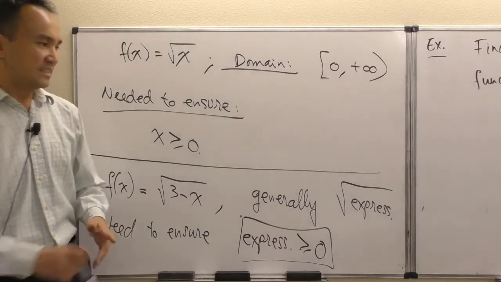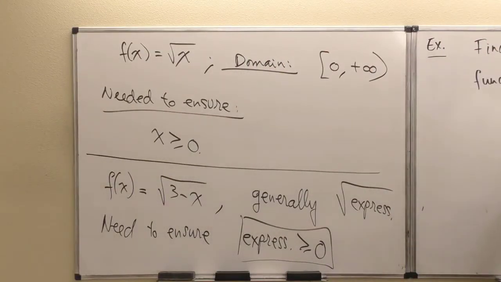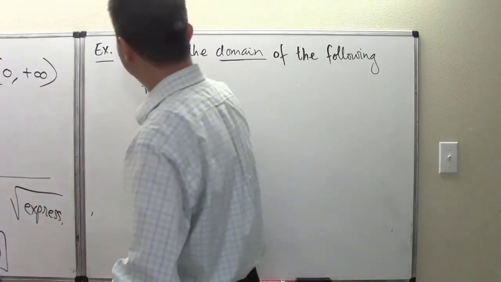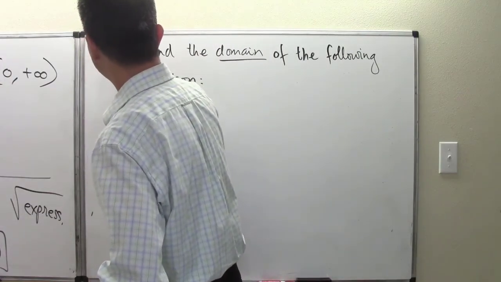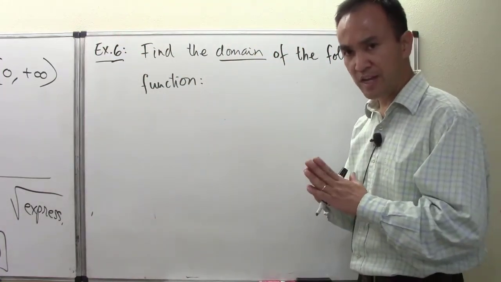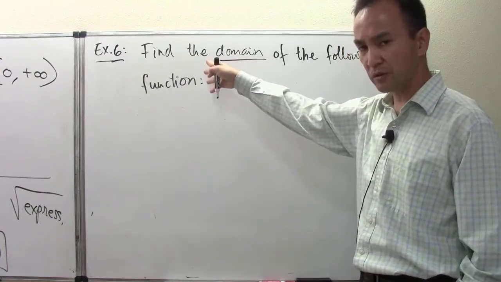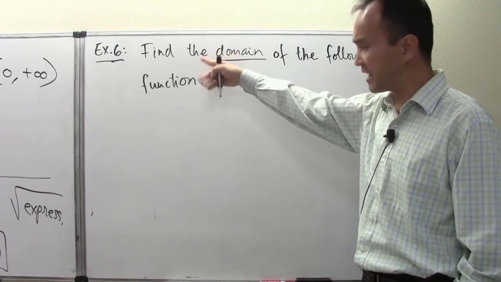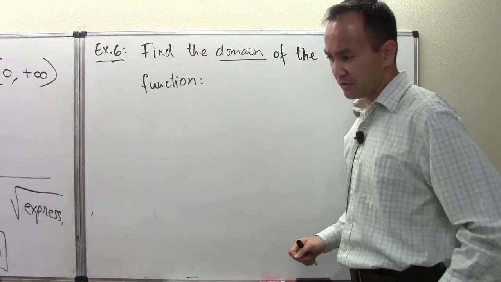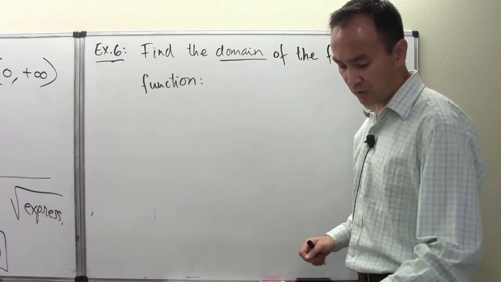All right, so now let's call that example 6. In this example 6, we are going to do the exact same thing. The instruction of the problem says, let's find the domain of the following function. Okay, so now I am going to look at the following one.